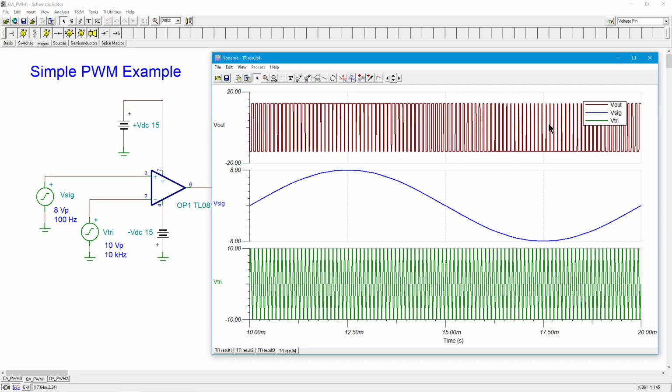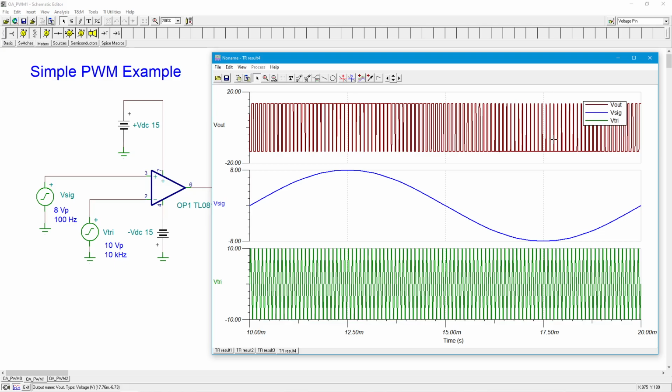If this switching speed is faster than the human visual processing that we have, which is down into the single digit millisecond range, you're going to see the LED get brighter and dimmer, brighter and dimmer. It's going to be bright in this area, and it's going to be dim in this area. If it was a motor, it'd be running faster here, and it'd be running slower here.